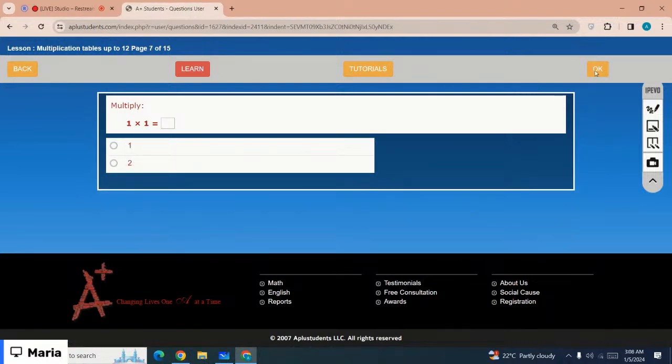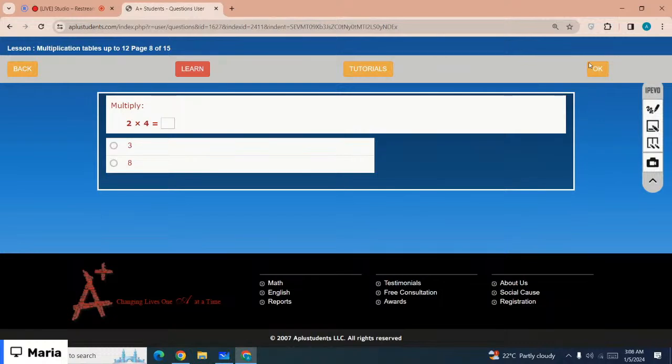The next one is 1 times 1. 1 times 1 equals 1. The correct option is 1. Very good.